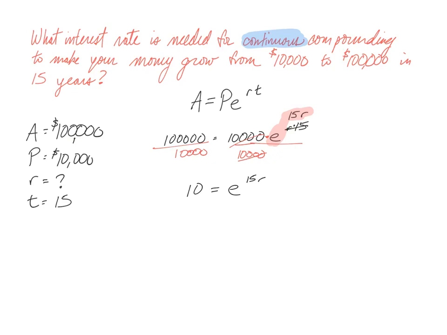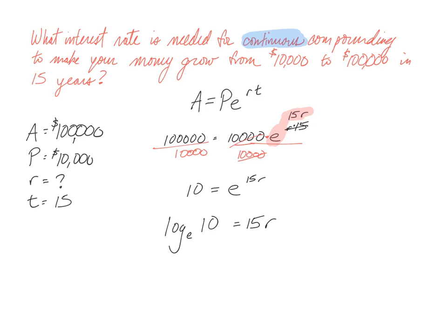Now when we want to take this equation and write it in log form, we know that the base will be e, because that's the base of the exponential piece. We know that will be equal to 15r, because that is what the exponent is. And the answer we have here, again, will end up being the argument.